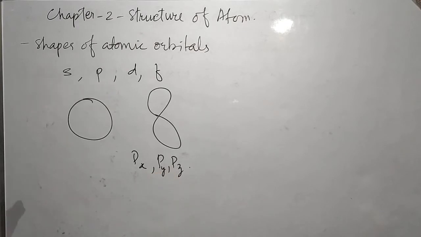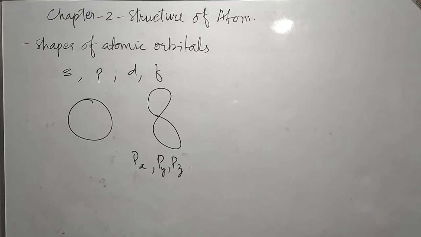Here px will be oriented along the x axis, py will be along the y axis, and pz will be along the z axis. Now the next one is the shape of d orbital.